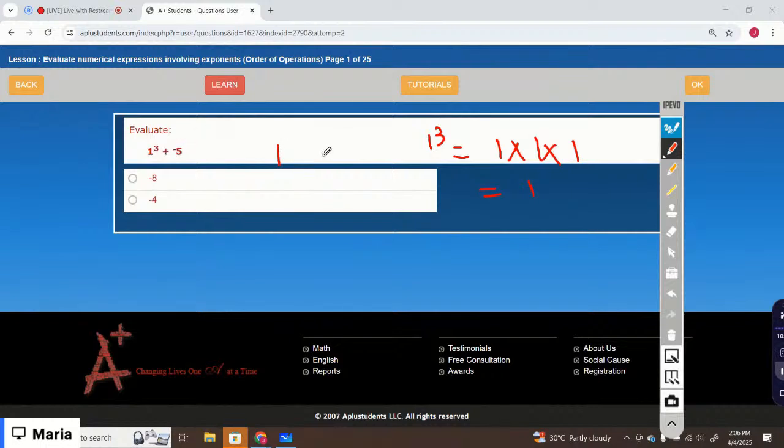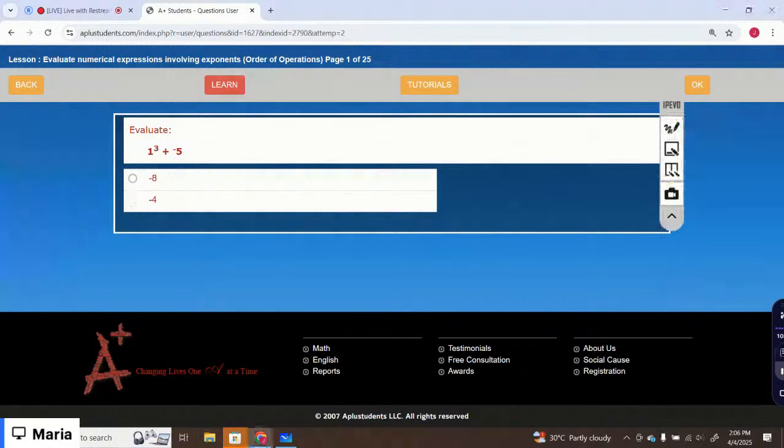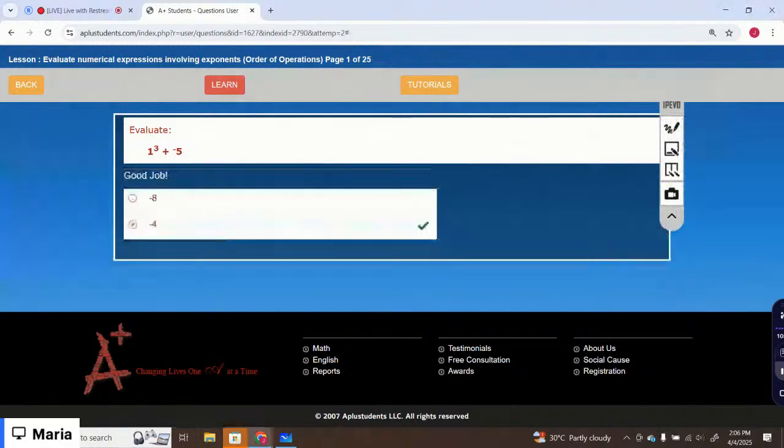Adding a negative number is the same as subtracting. That is 1 minus 5, which equals -4. Option number 2 is the correct option.